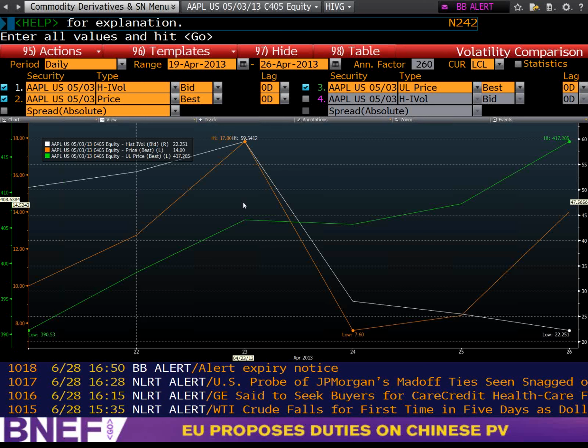And when market makers are finding lots of buyers, non-price sensitive buyers of both puts and calls, implied volatility has to rise. And sure enough, the white line is what shows the implied volatility.